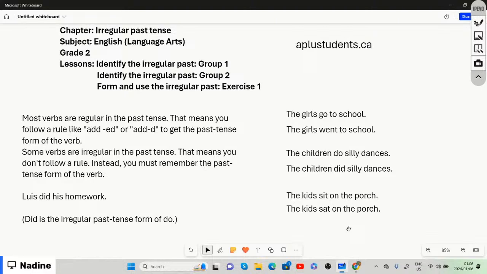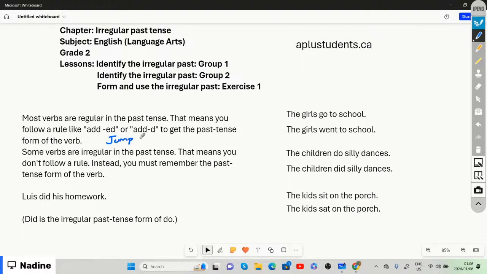So if your verb is, for example, jump, then the rule for regular past tense is to add ed or to add d.